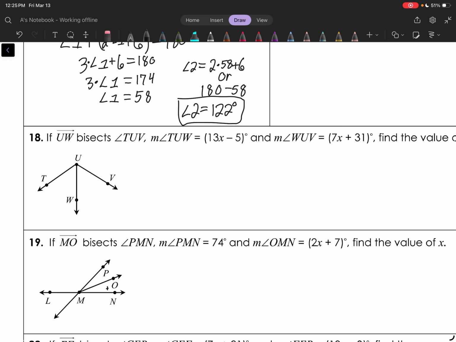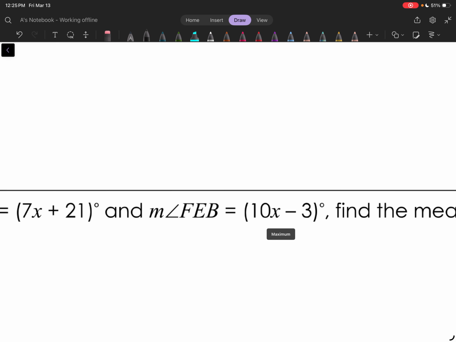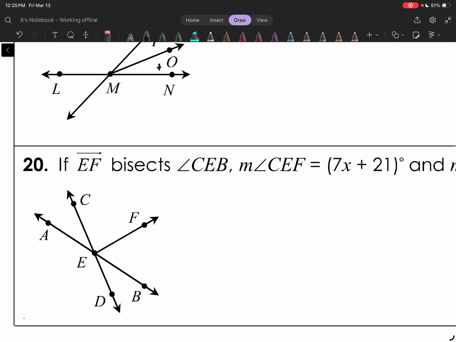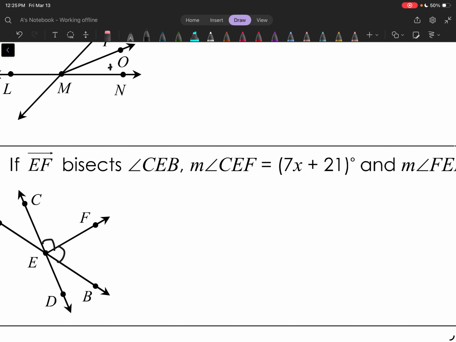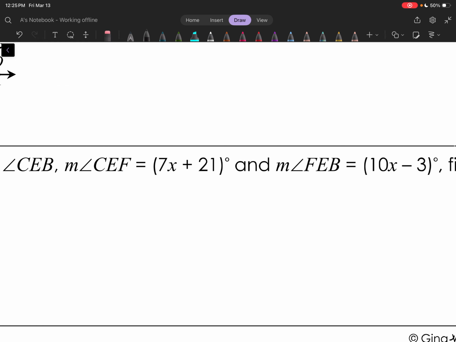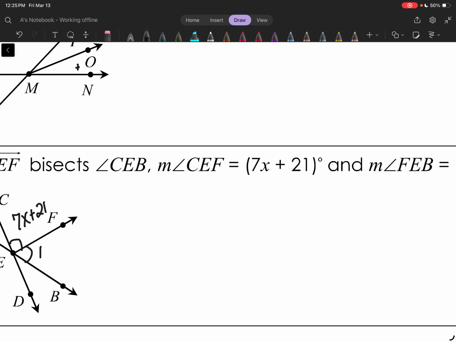I'm going to do number 20 and let you do 18 and 19. EF bisects CEB. So I know CEF and FEB are congruent. CEF is 7x plus 21. FEB is 10x minus 3.